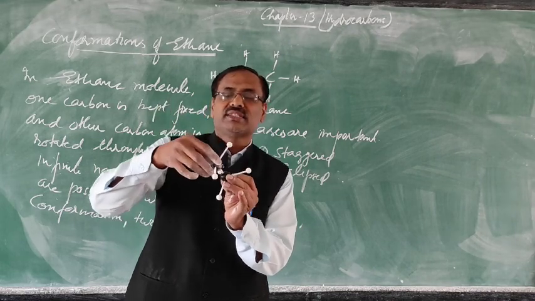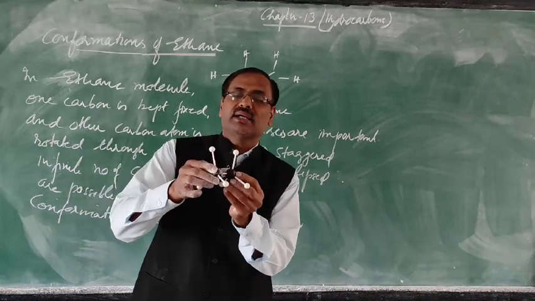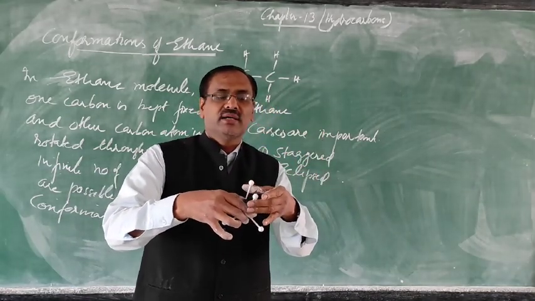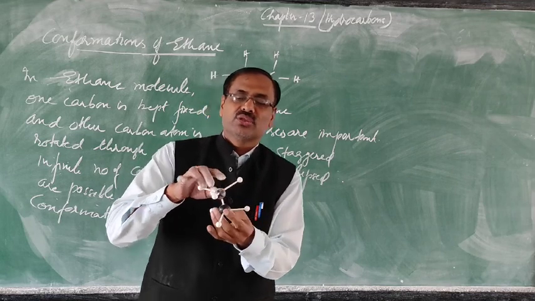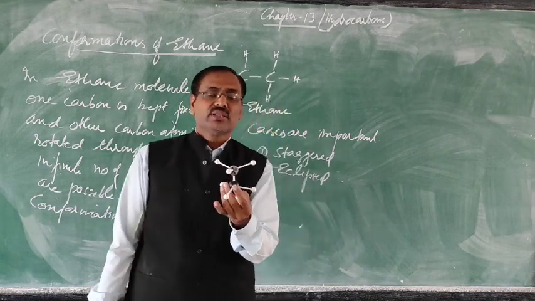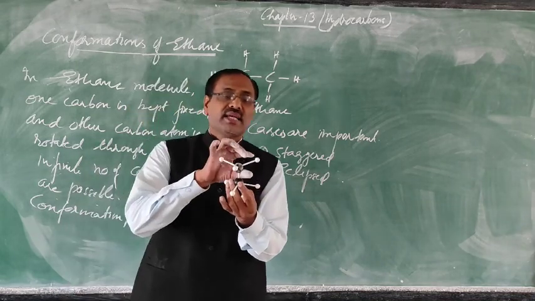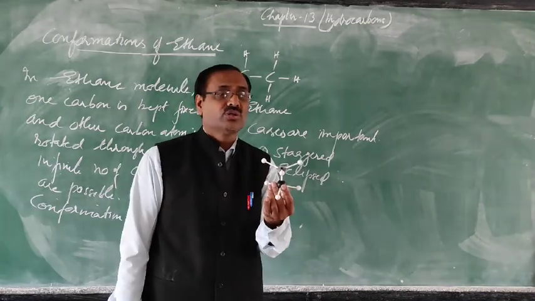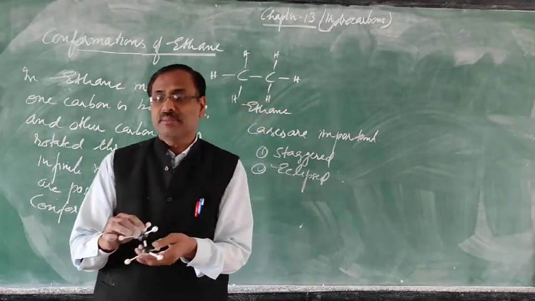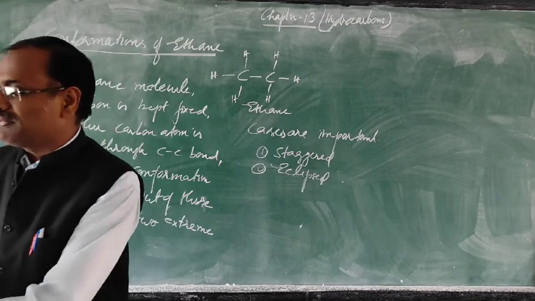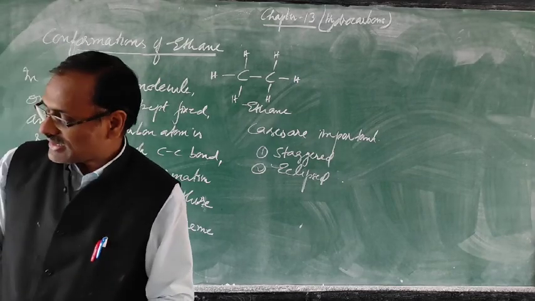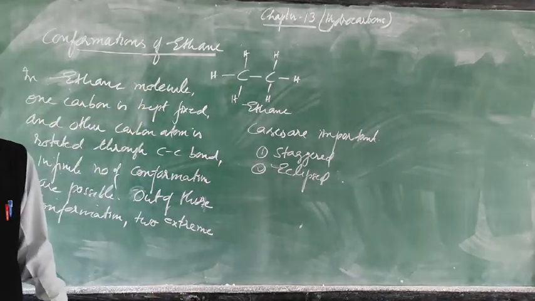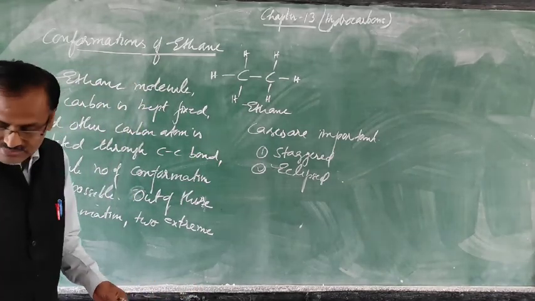But in this situation, both hydrogen atoms are in superimposable positions, so the distance is minimum. In the eclipsed conformation, the distance between the two adjacent hydrogen atoms will be minimum, so the repulsive interaction will be maximum. If you compare, staggered will be the more stable.